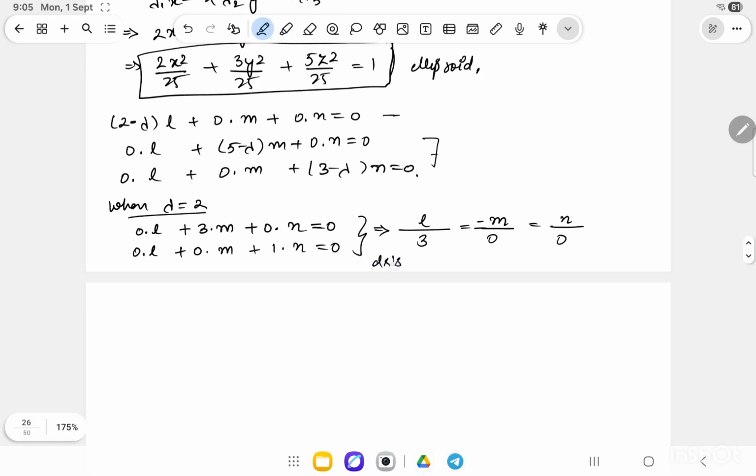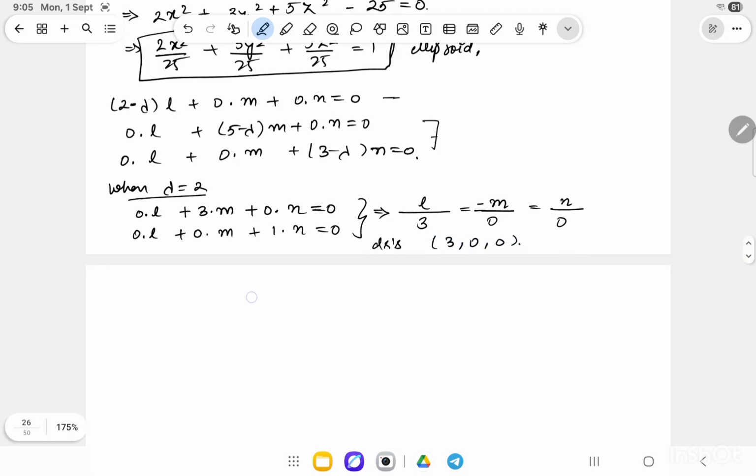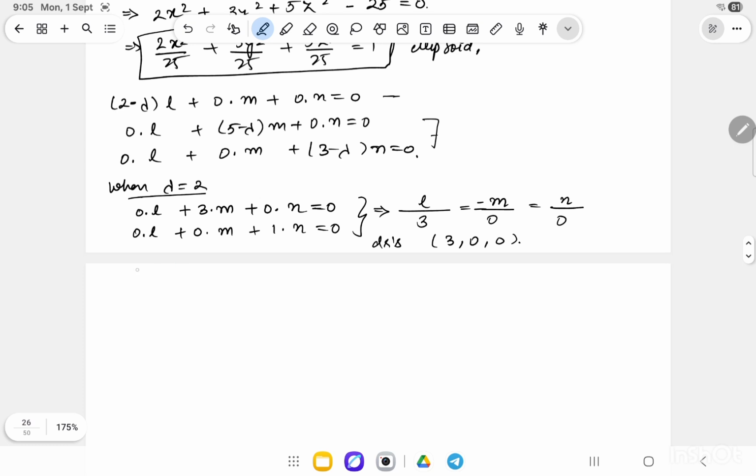So my direction ratios for lambda equals to 2 is basically 3, 0, 0. So principal axis for lambda equals to 2 will be basically x minus 1 by 3 is equals to y plus 2 by 0 is equals to z minus 1 by 0.